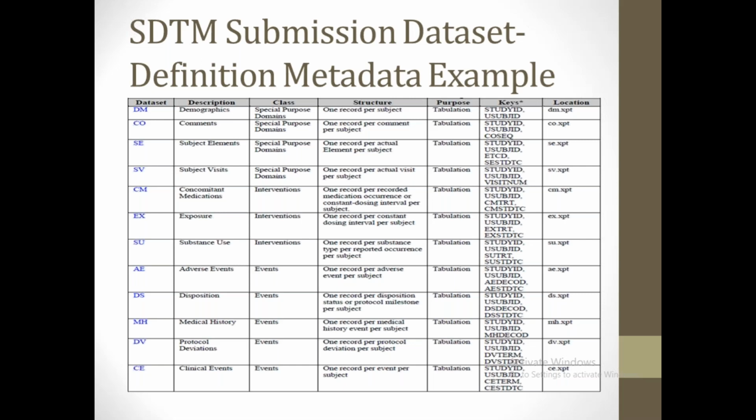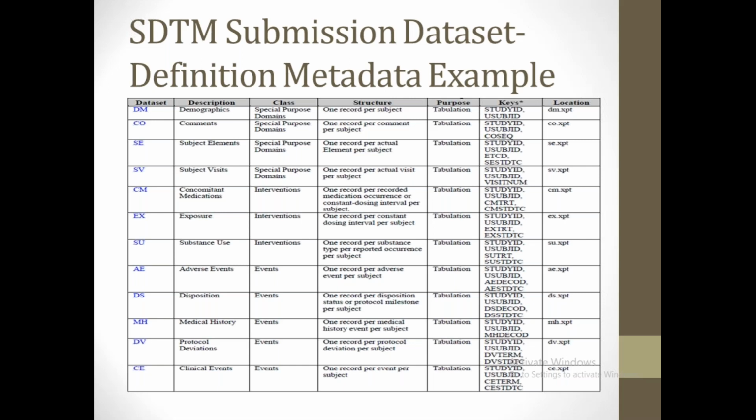Apart from this, you have two variables: ETCD, which stands for element code, and SESTDTC. SESTDTC is subject element start date time character. STDTC: start date time character. In SDTM, we have to read date values as character data type only. Whenever you are reading date values, date time values, we should read them as character data type only.